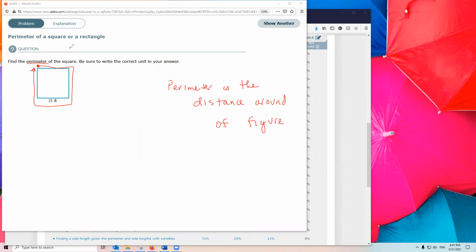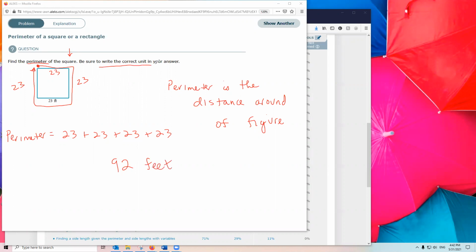Well, when you see a square mentioned, the square means all sides are the same. So this is 23 feet on all 4 sides. So the perimeter here is just adding up the 4 sides. So it's going to be 23 plus 23 plus 23 plus 23. And if I work this out, this is going to be, I think it's 92 feet.